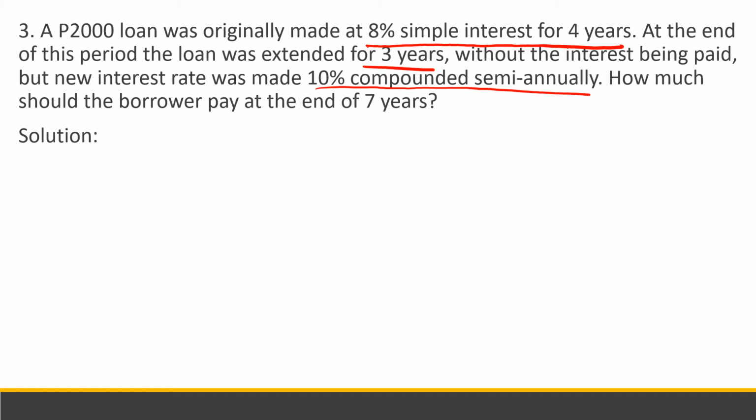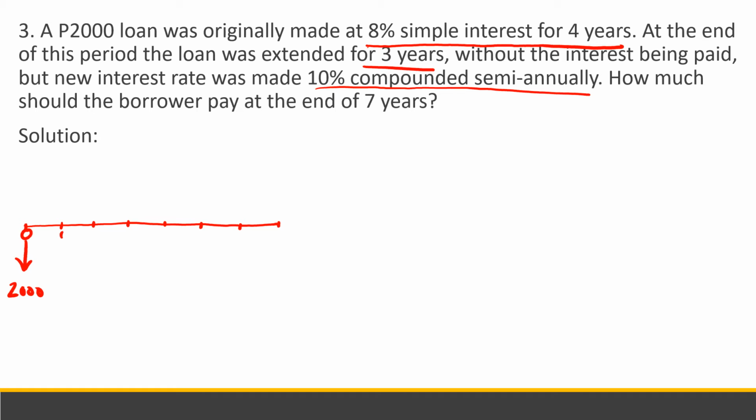So, loan, nag-loan siya ng, so there is a total of 7 years. So 0, 1, 2, 3, 4, 5, 6, 7. So from year 0, nag-loan siya ng 2,000 pesos.